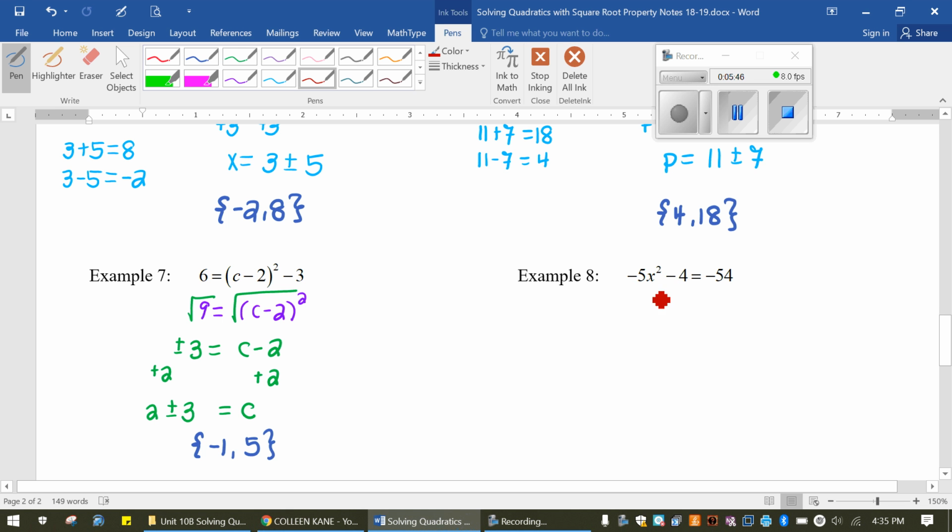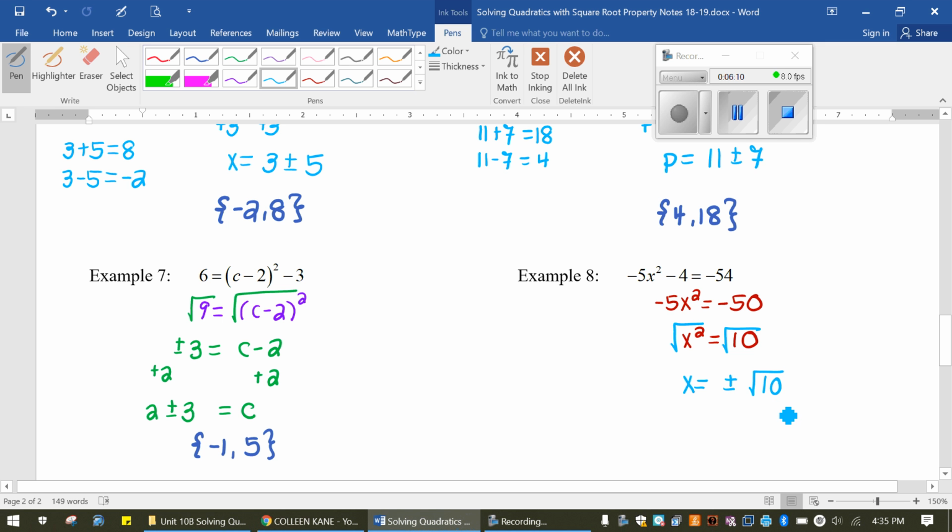We want to isolate this negative 5x squared, so we're going to add 4 to both sides. And then we're going to divide both sides by negative 5. And then take the square root of both sides. X equals plus or minus the square root of 10.